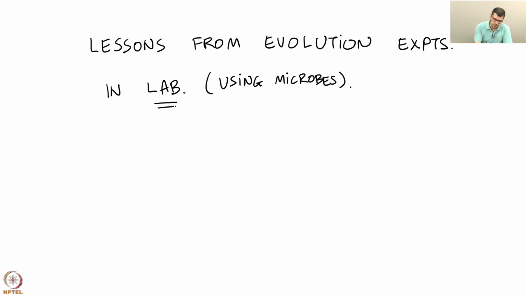So, let's first see what is the advantage of using microbes and doing evolution experiments in lab. First, we control the environment. When I am studying bacteria that colonize a garden on campus here, I can study what species are present, but what I do not have control over is the selection that was placed on these bacteria.